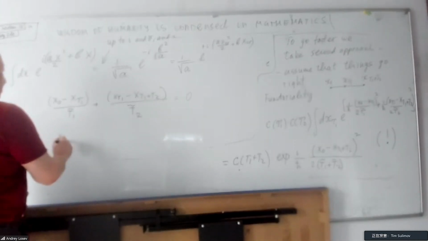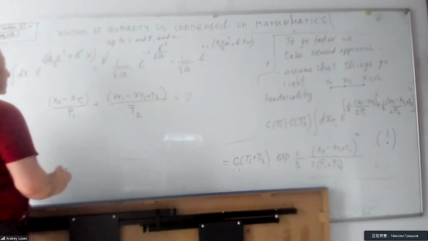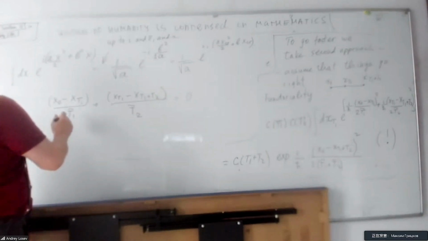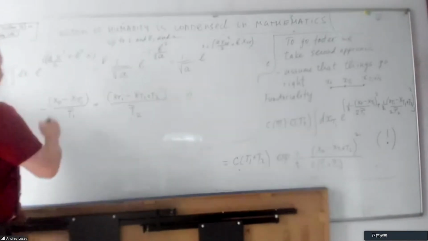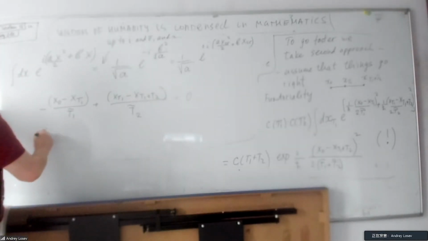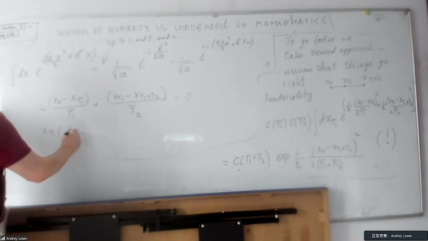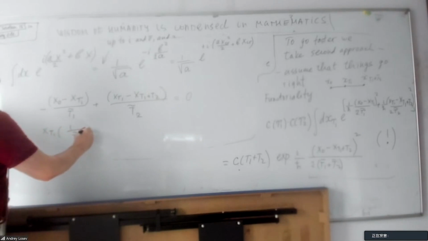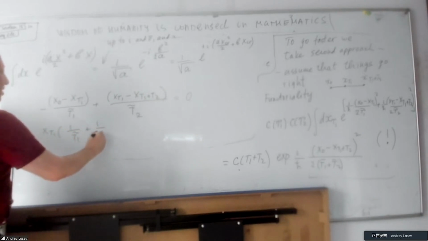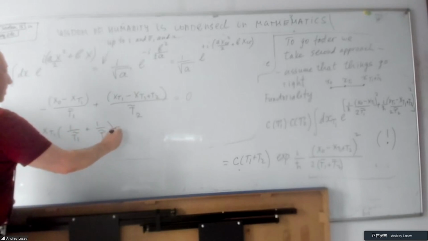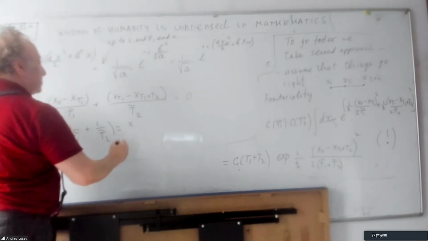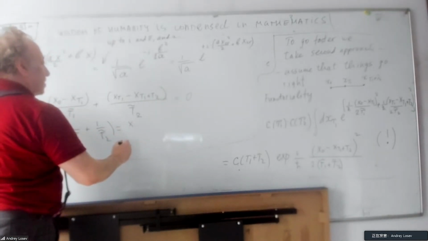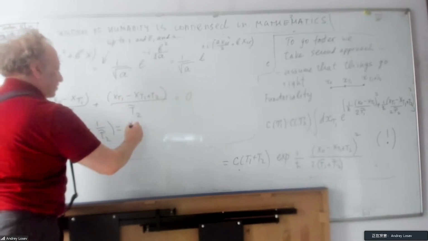The first sign is wrong. I think there must be minus. Yes, thank you. So now let us solve this equation. x(t1), here I have 1 over t1 tilde plus 1 over t2 tilde equals what? Equals, so now to take things to the right.